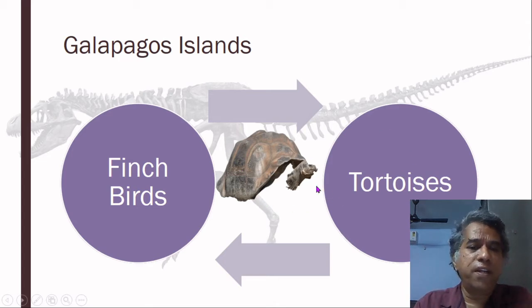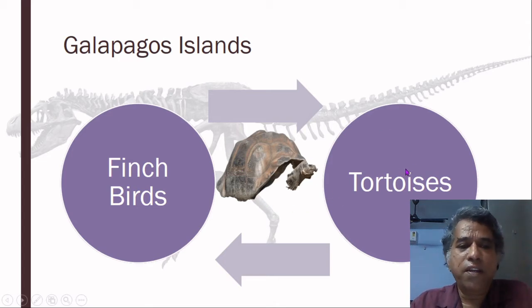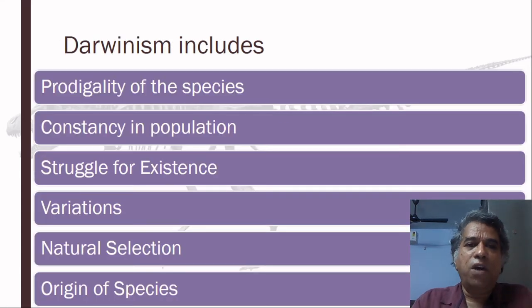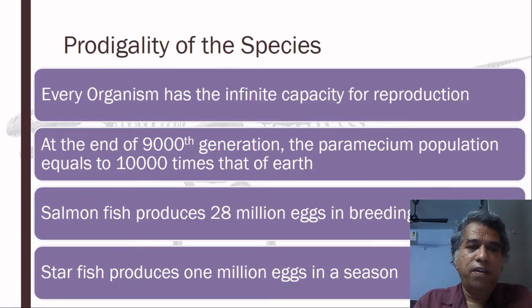He also studied different flora, of course, and these finch birds and tortoises contributed much to the concept of evolution in the form of Darwinism. Darwinism includes prodigality of the species, constancy in population, struggle for existence, variations, natural selection, and origin of species. Let us try to learn one by one.